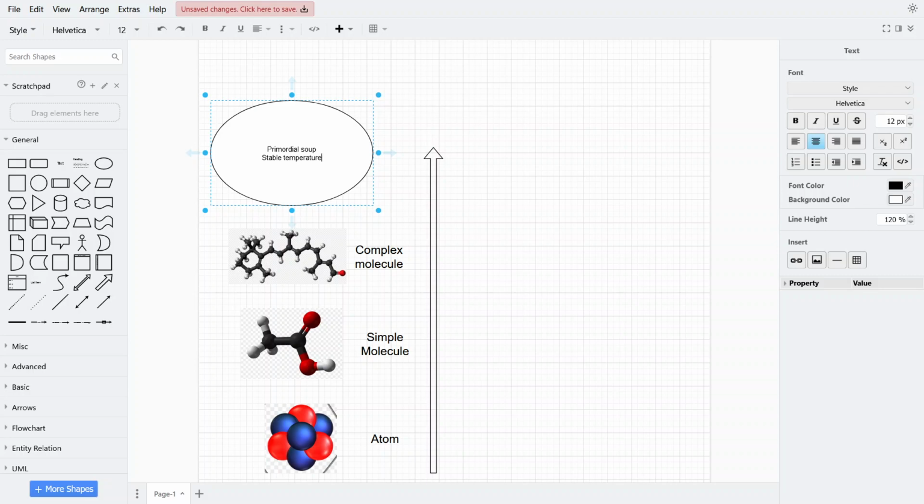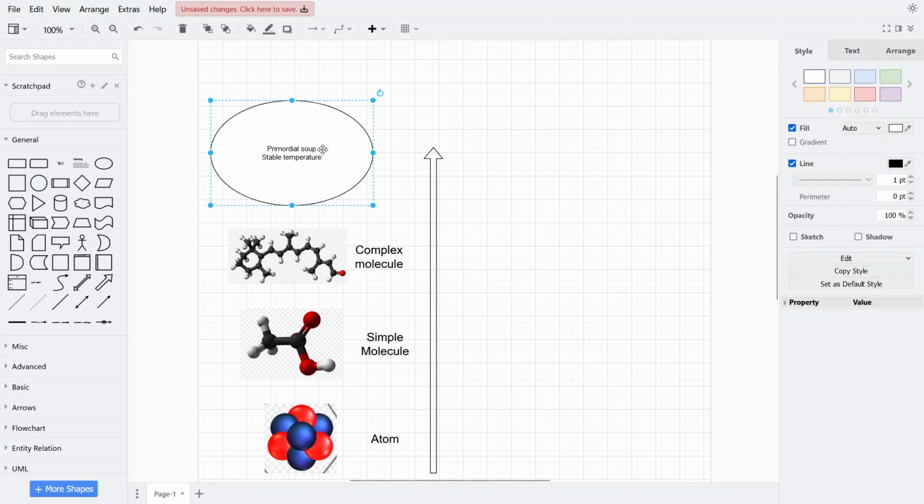This is like a theory, the primordial soup. It would be an environment in which you have the conditions that life could start in. The primordial soup would be mainly a water environment in our case.